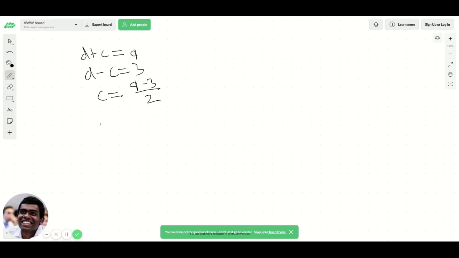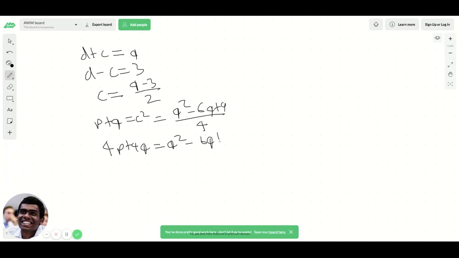We said that P plus Q equals C squared equals (Q squared minus 6Q plus 9) over 4. So 4P plus 4Q equals Q squared minus 6Q plus 9. So 4P now equals Q squared minus 10Q plus 9.